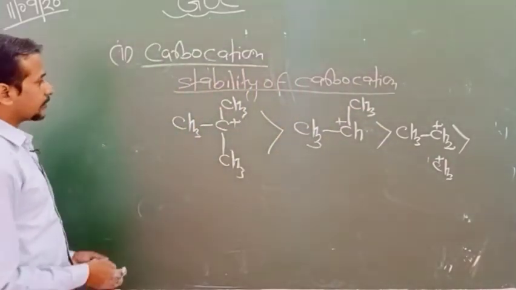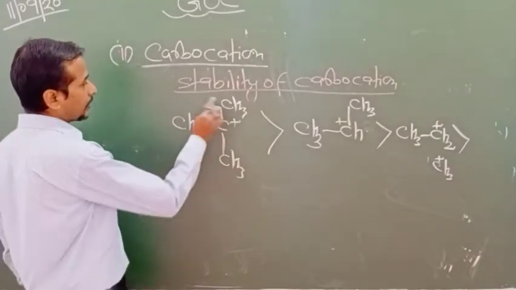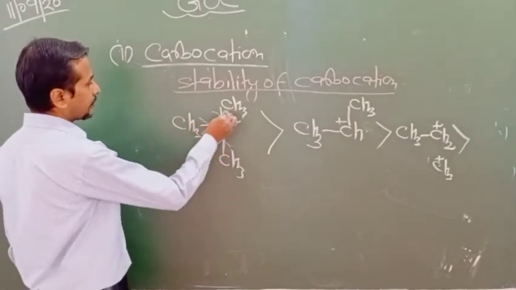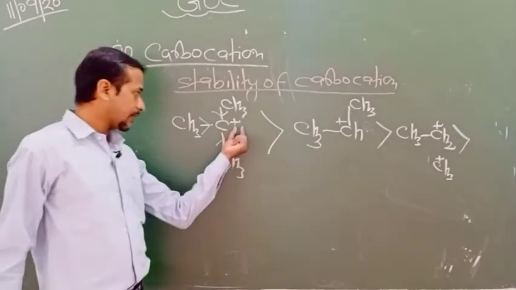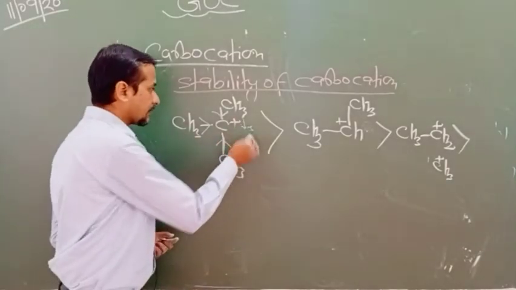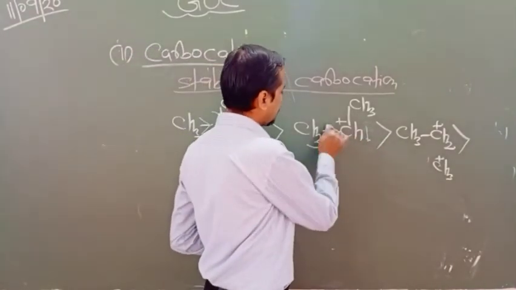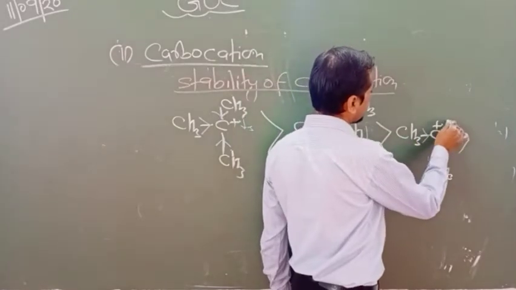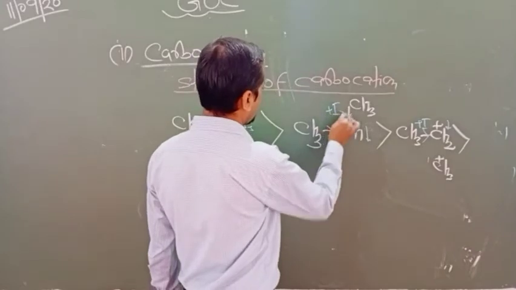Look at the conditions. If we apply the inductive effect, the alkyl groups have only a plus I effect, and plus I means they can donate electrons. Now the electrons are donated from 3 sides, so the positive charge decreases. Here also the positive charge decreases, here also the positive charge decreases due to the plus I effect.